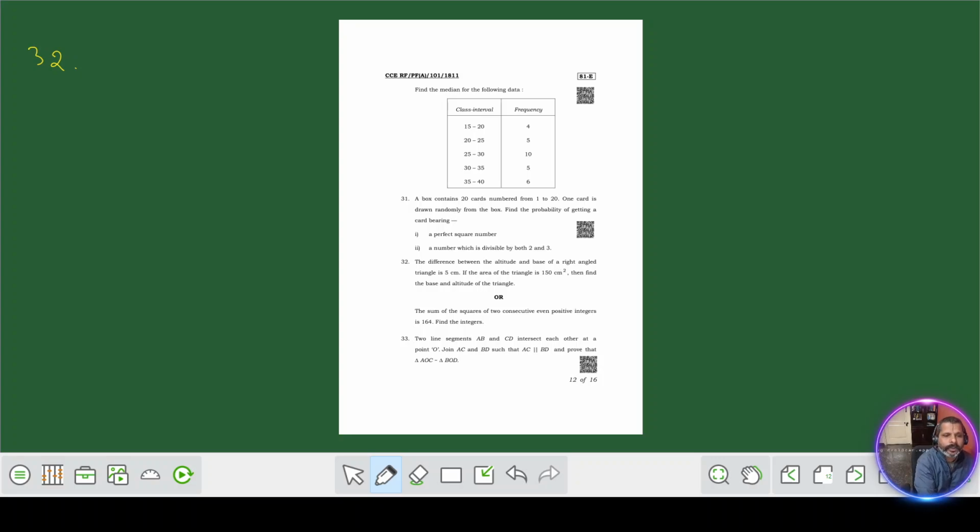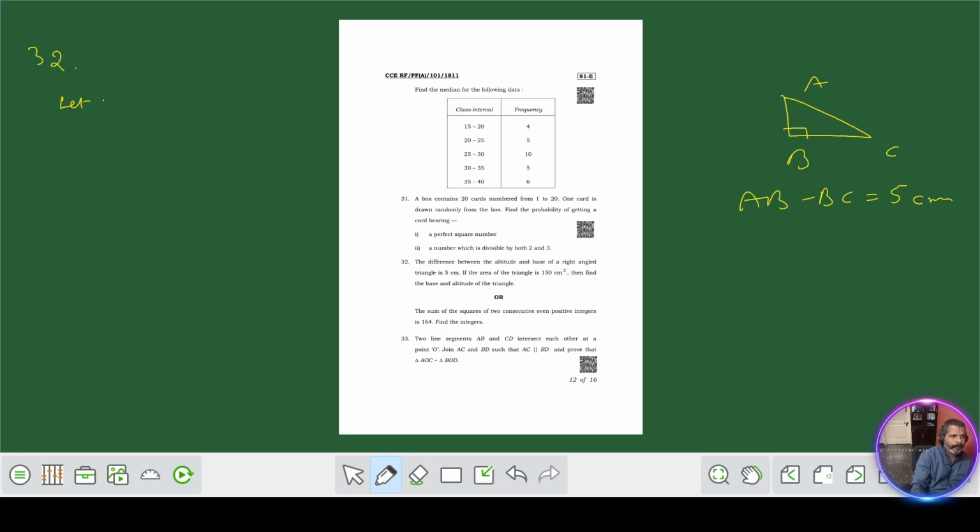The difference between the altitude and base of a right angle triangle is 5 centimeter. Means there is a right angle triangle ABC. The difference, AB minus BC, is given as 5 centimeter. If you take the base as x, what is the altitude? 5 plus x, right?